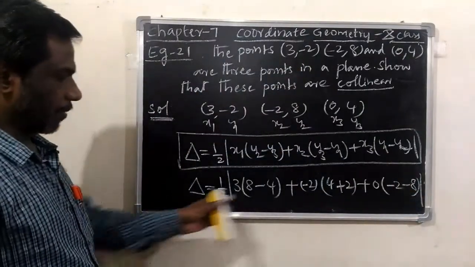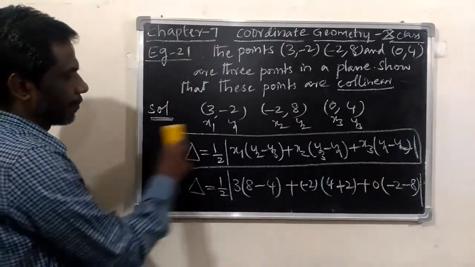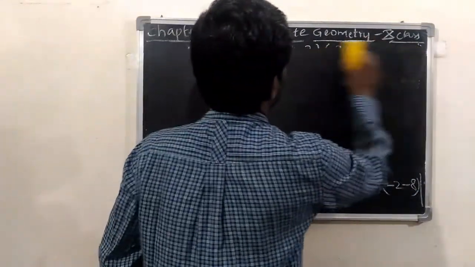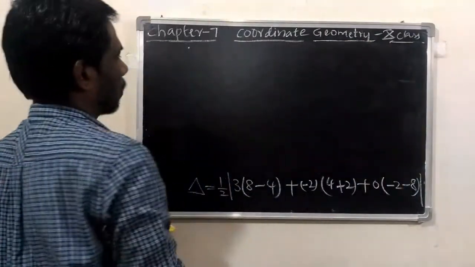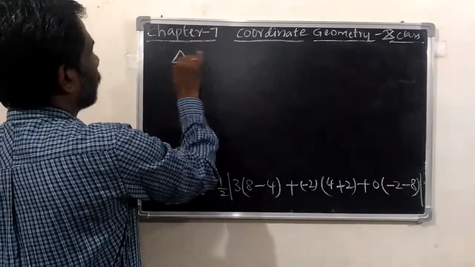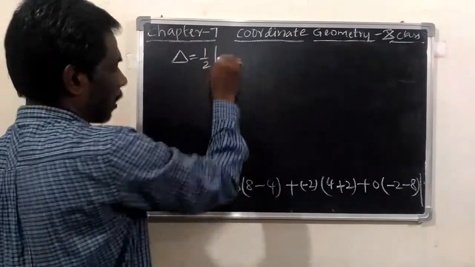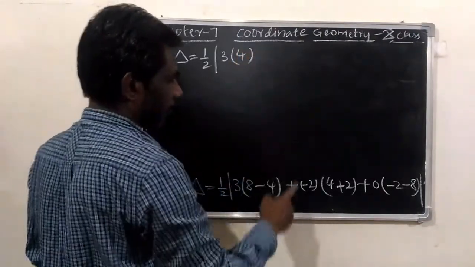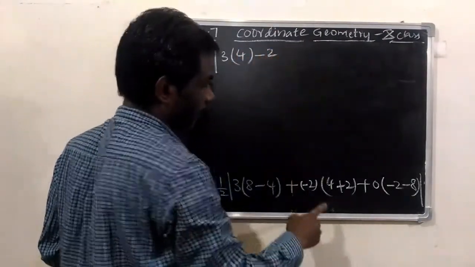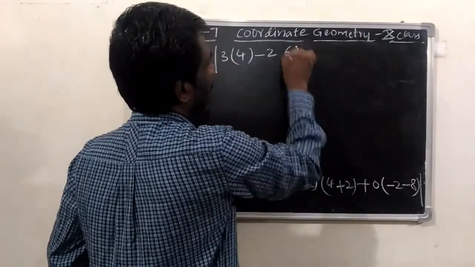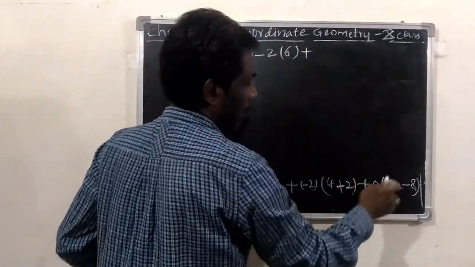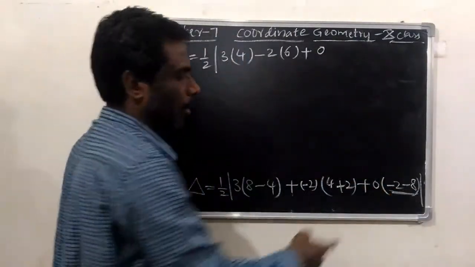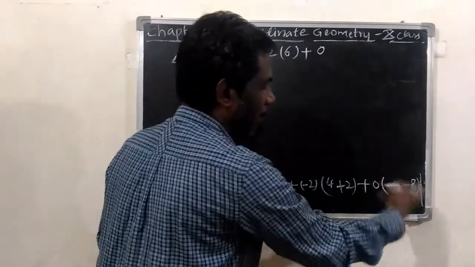Now simplify this step. Delta equals half mod of 3 into (8 minus 4, which is 4), plus minus 2 into (4 plus 2, which is 6), plus 0 into anything is 0. No need to simplify this bracket value because 0 into anything is 0.